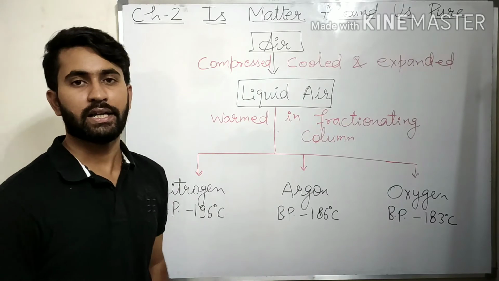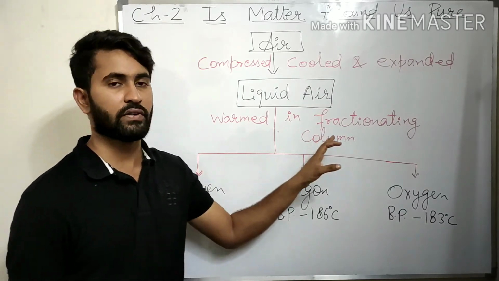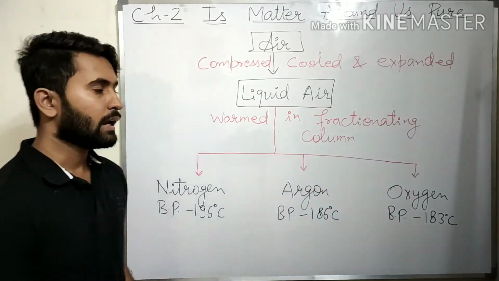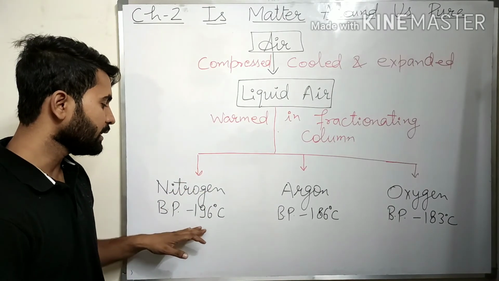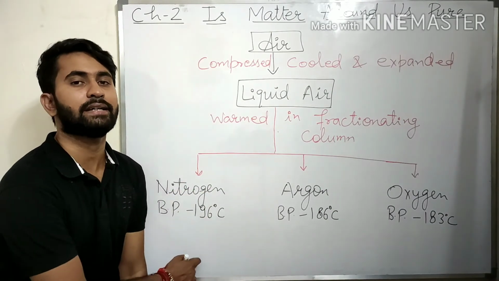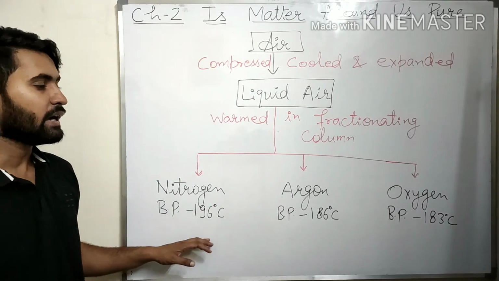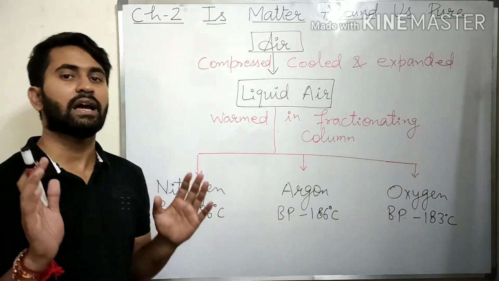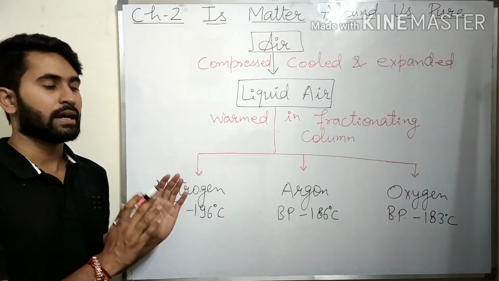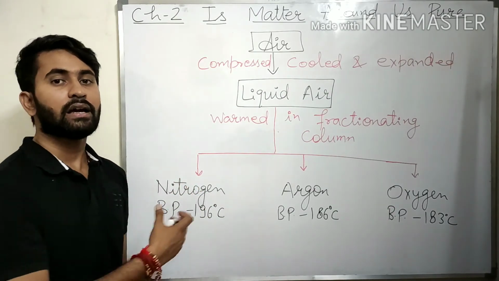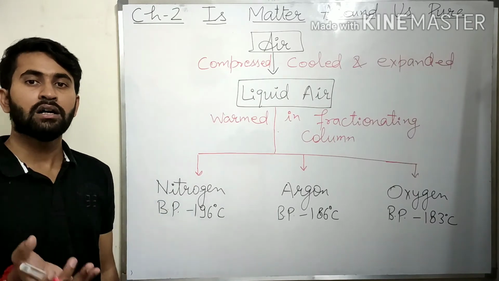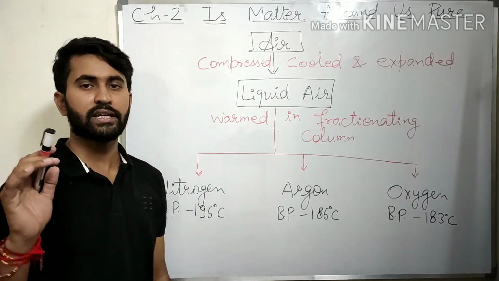Then nitrogen, with a boiling point of minus 196 degrees Celsius, boils first and is collected from the top part of the fractionating column.